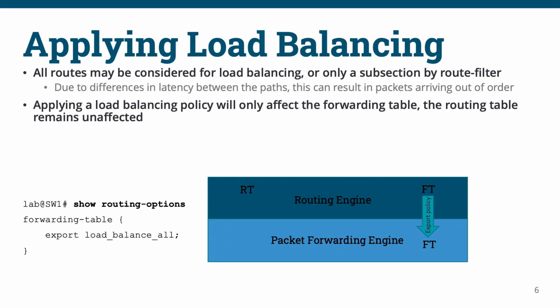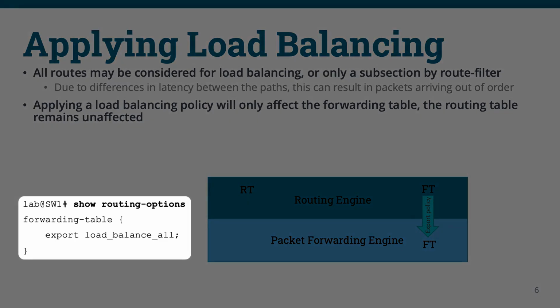Load balancing is enabled by matching route information in a policy and applying the load balance per packet action. This policy is then applied as an export policy at the edit routing-options forwarding-table configuration hierarchy as shown here.